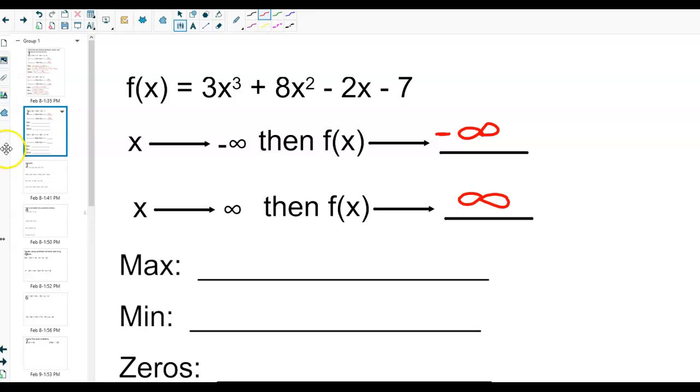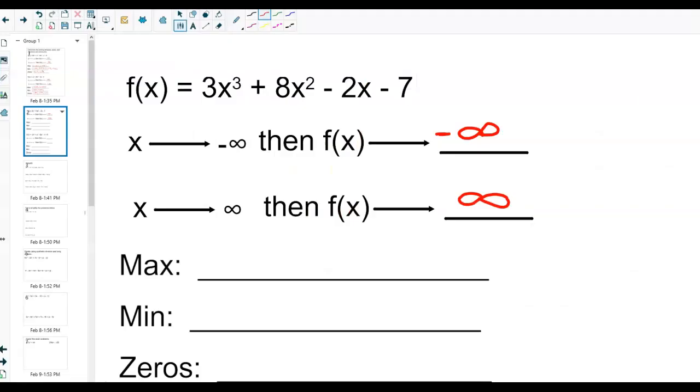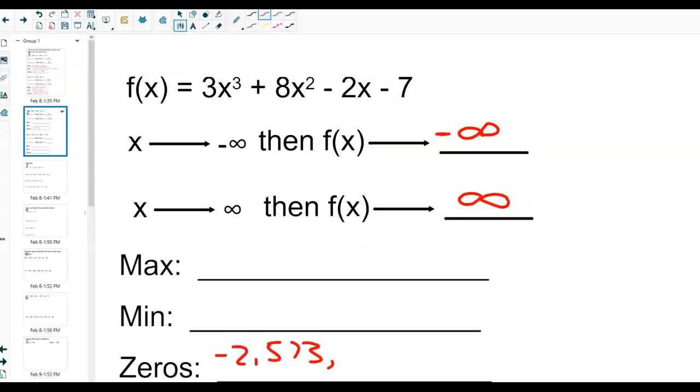My zeros here are simply going to be negative 2.573, negative 1, and 0.907. So those are my zeros.